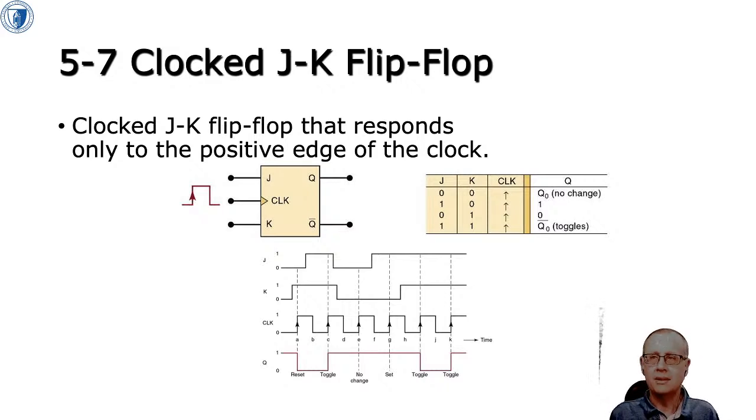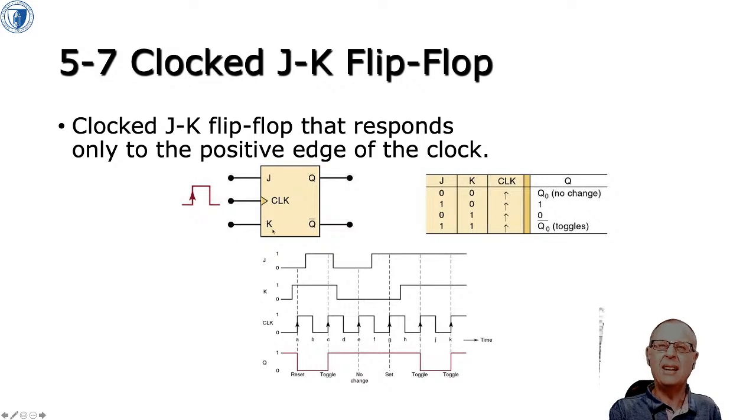If you look in the table on the right-hand side there, the previously undefined behavior that we had with 1-1 means that now the JK flip-flop toggles the output. So if the output had been a 1 before the positive going clock transition, now the output's going to be a 0, and vice versa.